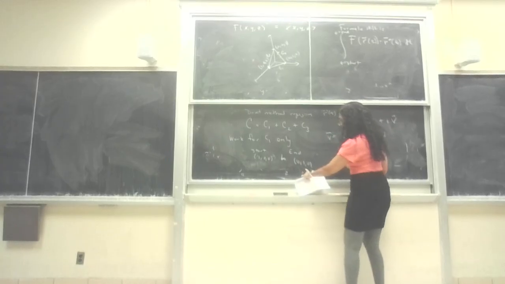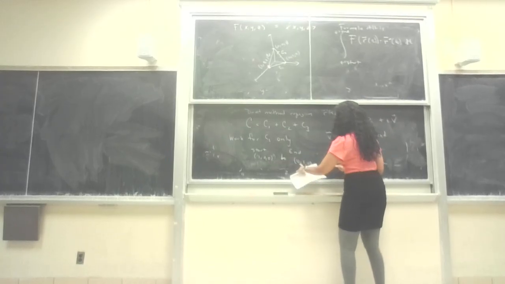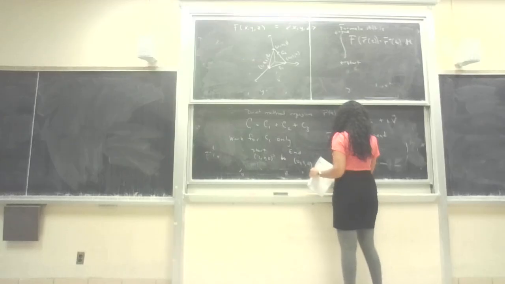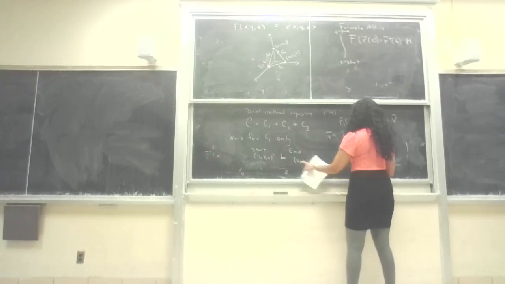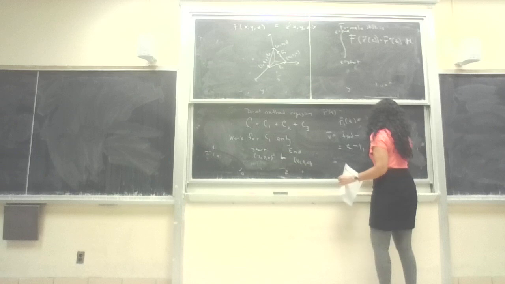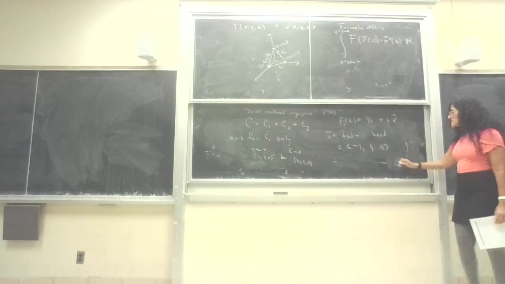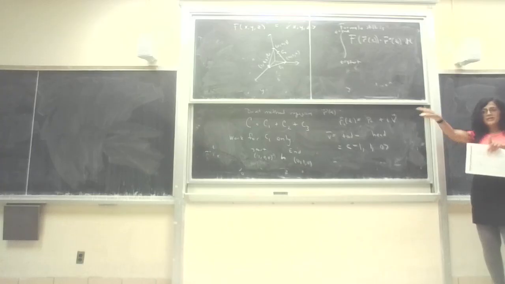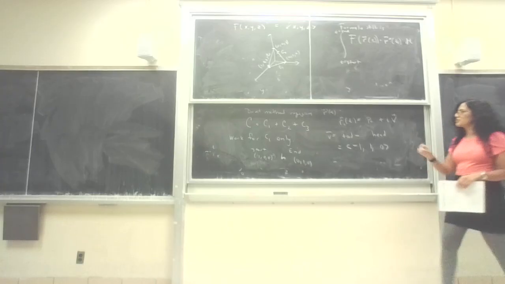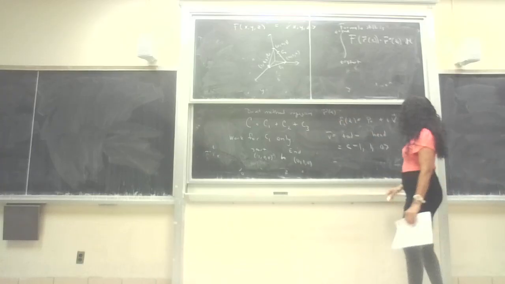So I take the end point and subtract the beginning point. So 0 minus 1 gives me minus 1. 1 minus 0 gives you 1. And 0 minus 0 is 0. That's called a direction vector. It's the vector that points in the direction, this direction, there to there.